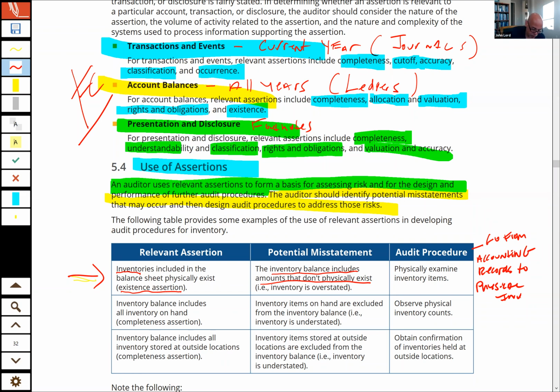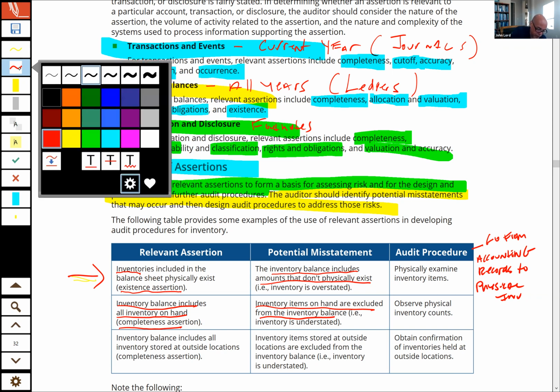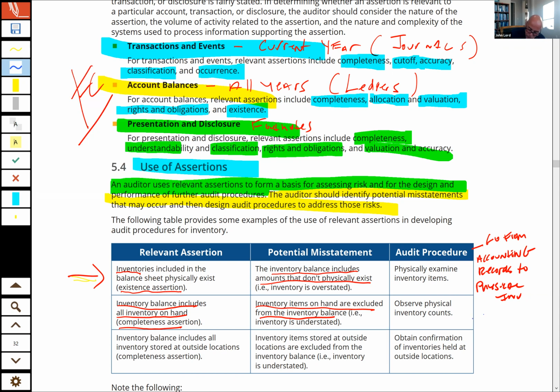Okay, let's try completeness. Inventory balances include all inventory items on hand. What's the potential misstatement? Inventory items on hand are excluded from the inventory balance. And again, they say observe the inventory. Let's be a little more precise about that.